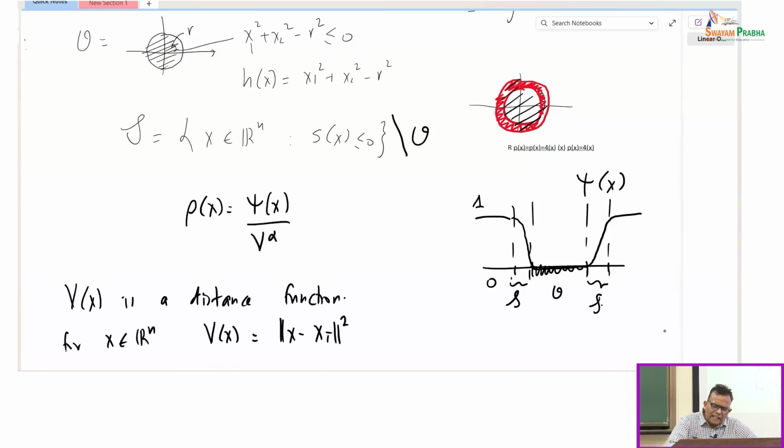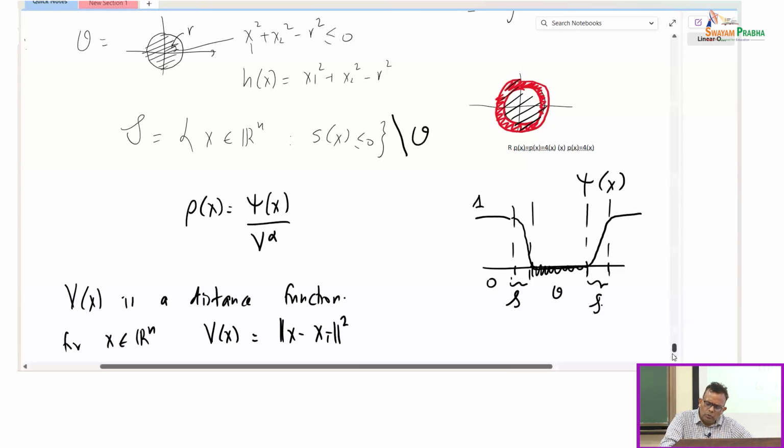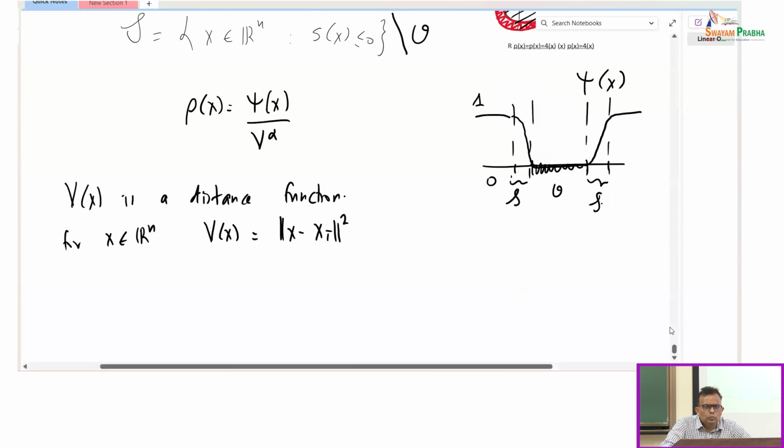Now, how do you construct psi of x? You can construct psi of x in multiple different ways because, as I said, the characteristics of psi of x are that it is 0 on the unsafe set and then goes from 0 to 1 in the sensing region. You can look at some books on how to construct psi of x as a smooth function with these characteristics.